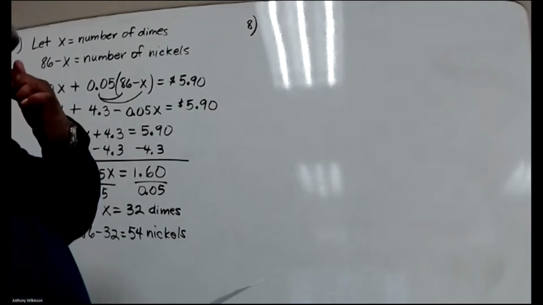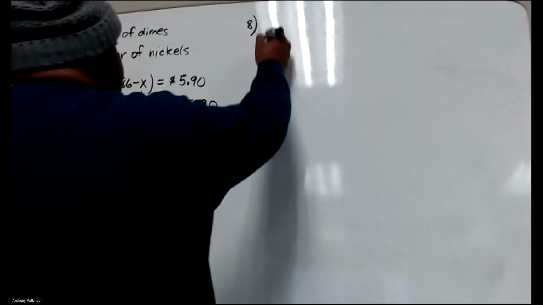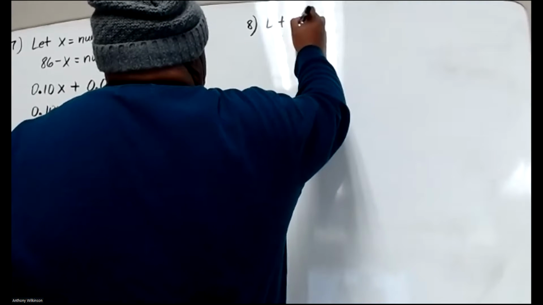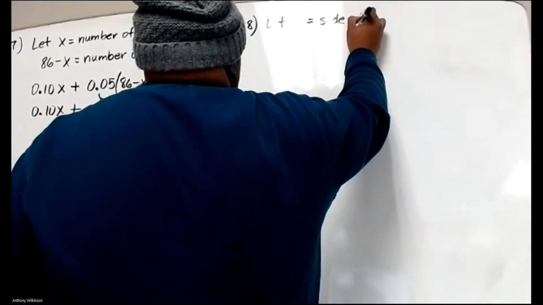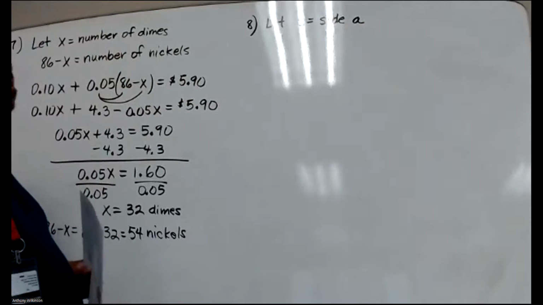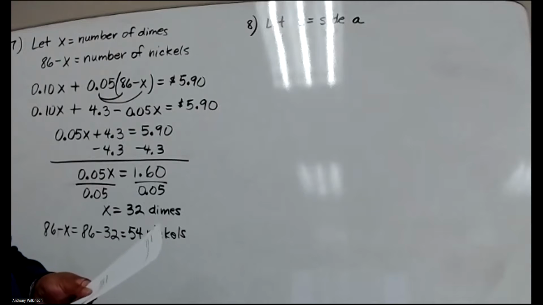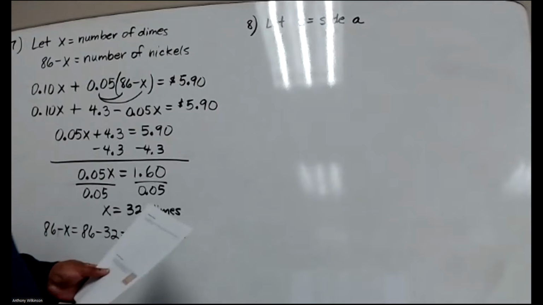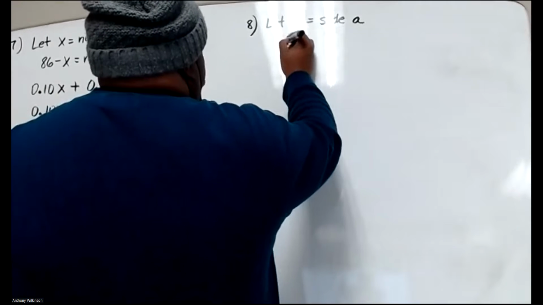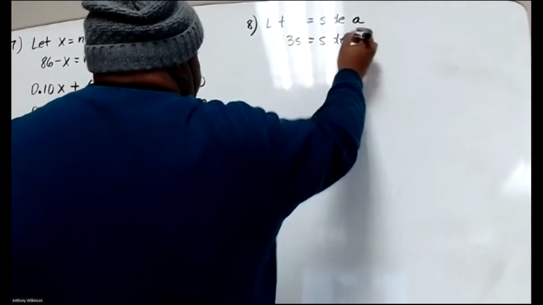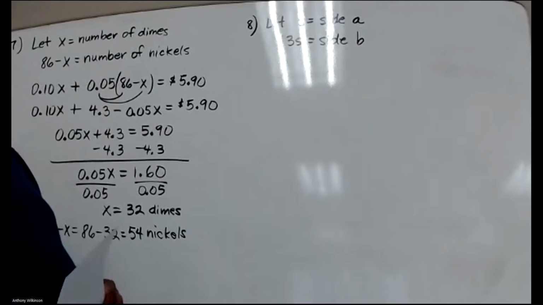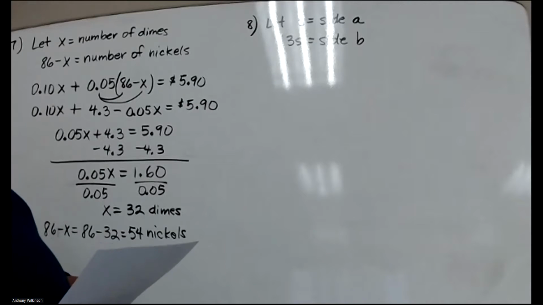But side B must be 3 times as long as side A. So I'll let S be, let's say, the length of side A. Now side B has to be 3 times as long as side A. So if side A is represented by S, then side B will have to be 3 times S.